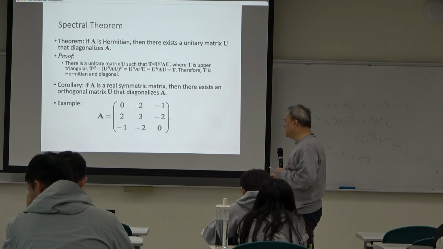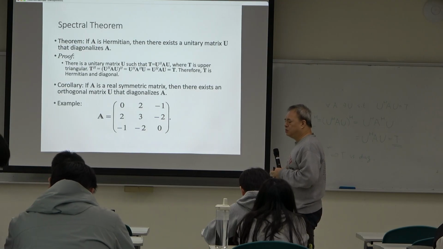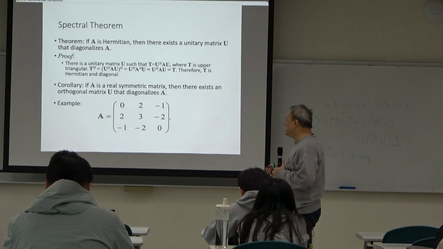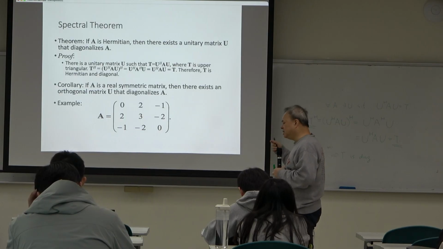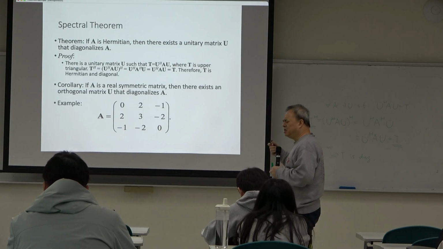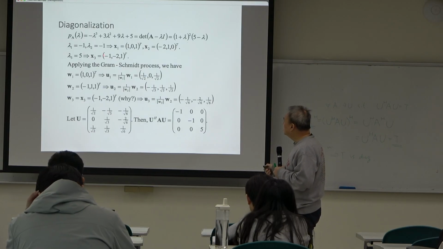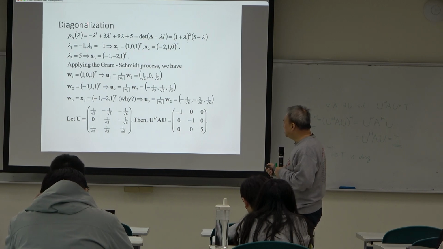Because it's real symmetric, these eigenvectors must be orthogonal, and then you make them orthonormal, and that's pretty much it. You have your U, and the diagonal elements of your D will be the eigenvalues. So the characteristic polynomial gives lambda squared minus lambda, so lambda is -1 and 5.